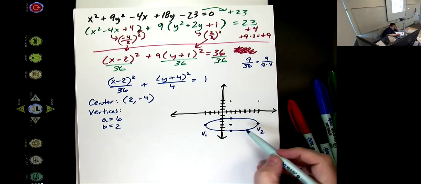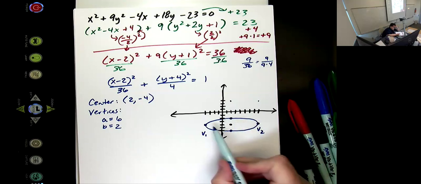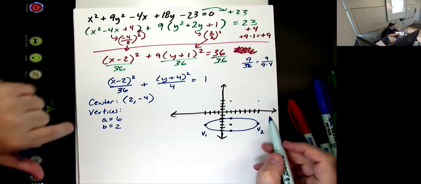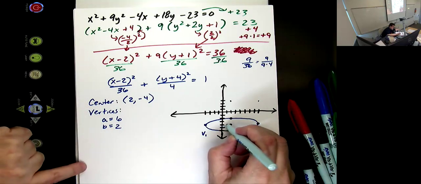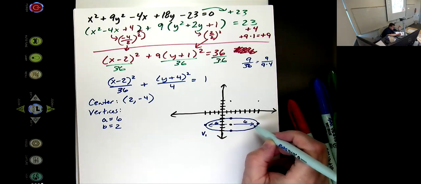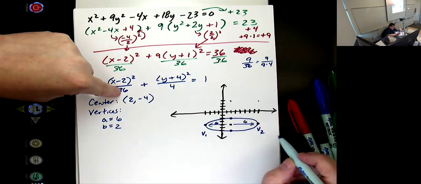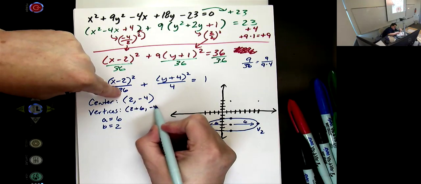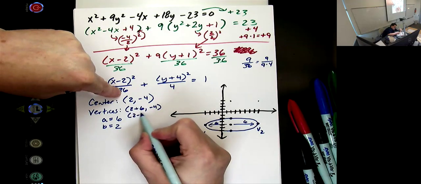And rather than going with my picture and trying to reason out where they're at, this is 6 left and 6 right from the center. So let's do that with the vertices. I'm going to do 2 plus 6 and 2 minus 6.